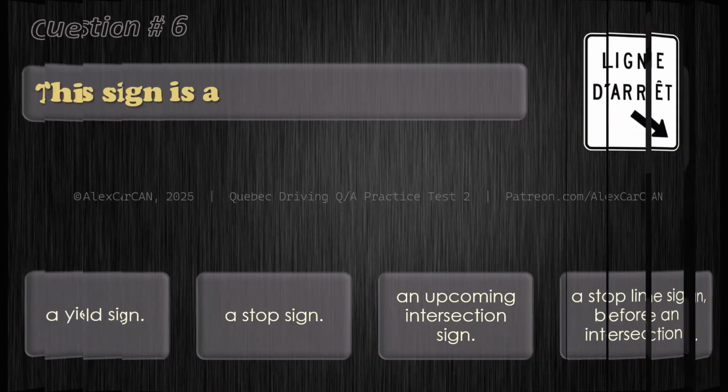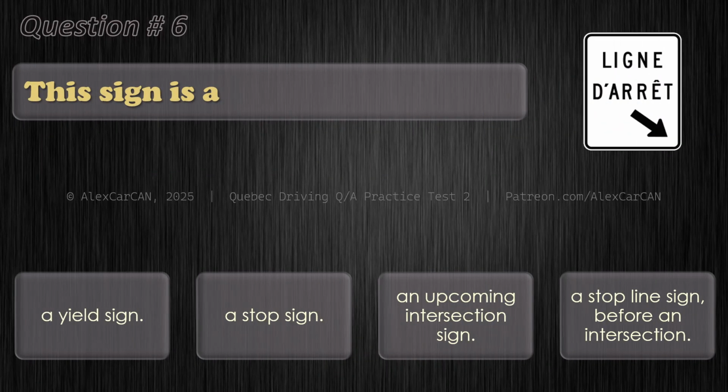Question number 6. This sign is a yield sign, a stop sign, an upcoming intersection sign, a stop line sign, before an intersection. The correct answer is a stop line sign, before an intersection.